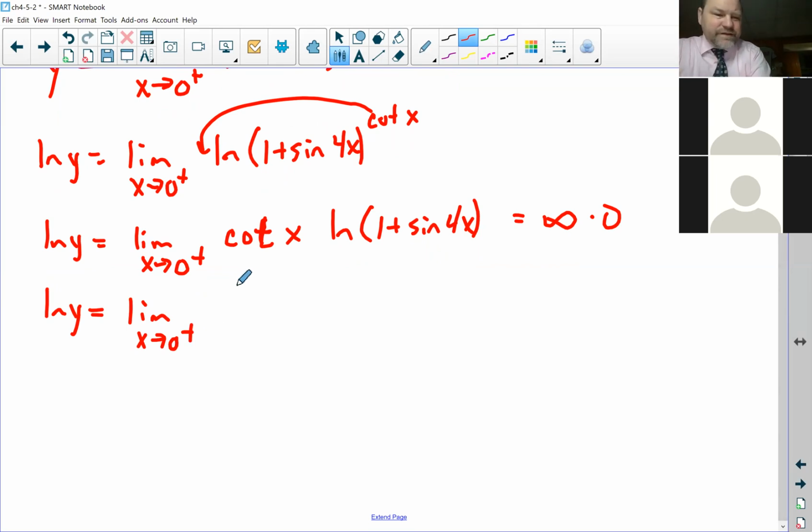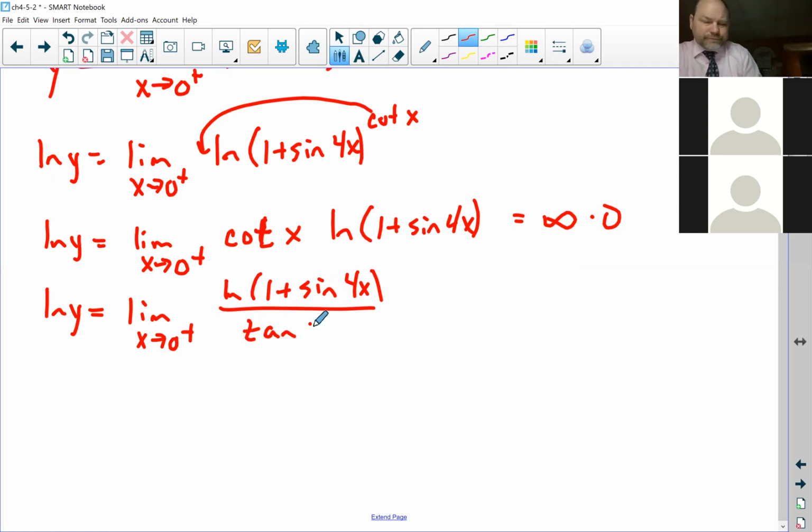Again, I think it's easiest to leave the ln in the numerator. And if I move the cotangent to the denominator, well, cotangent is the same as 1 over tangent. Now I have 0 over 0.